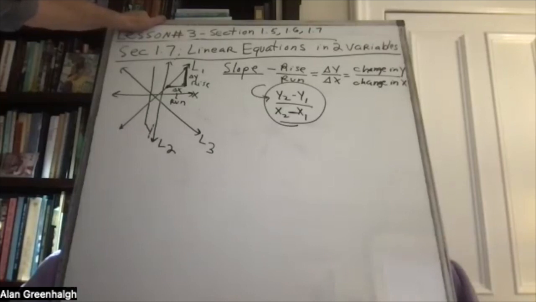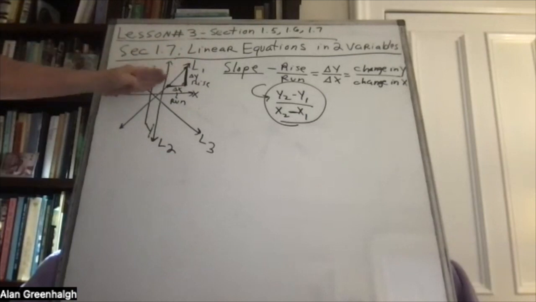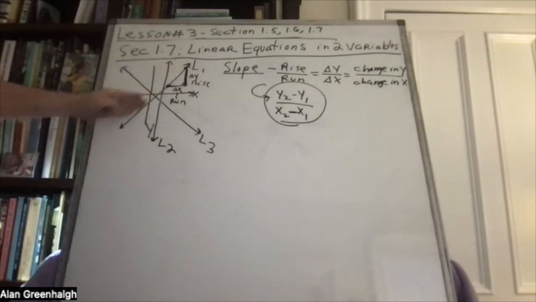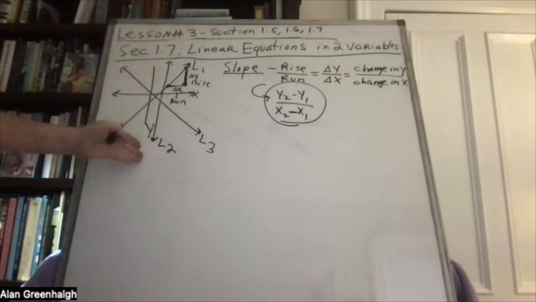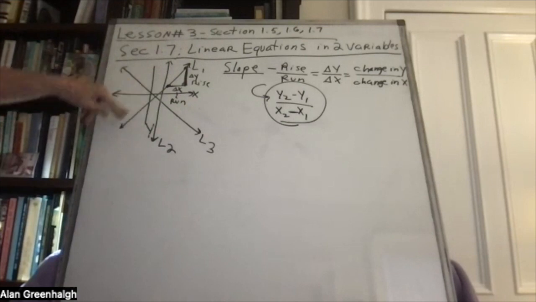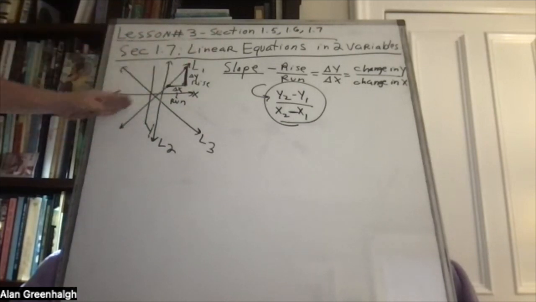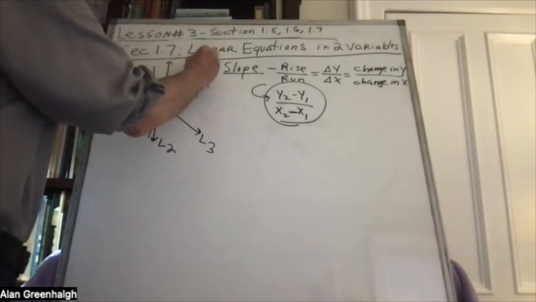The slope tells us how a line is going to be tilted. Some lines are tilted like that. Some lines are tilted severely. Some lines go in a totally opposite direction. A line that looks like L1, which looks like this, has a positive slope.